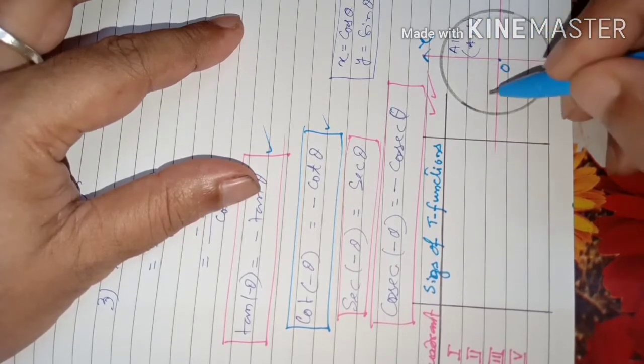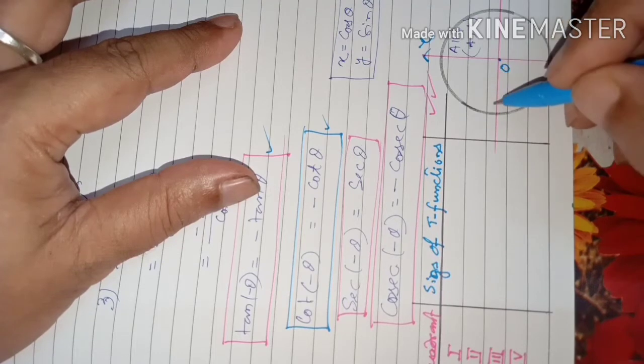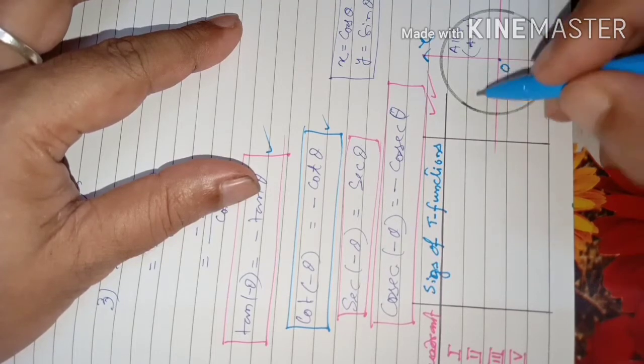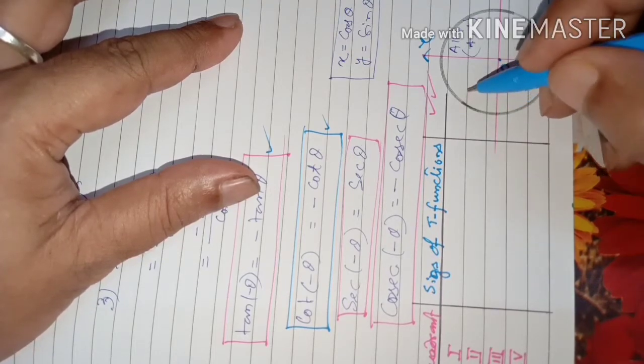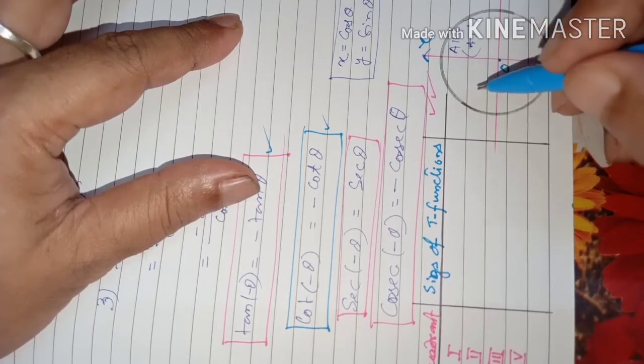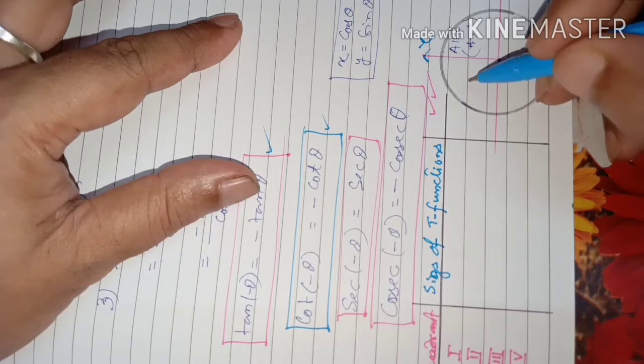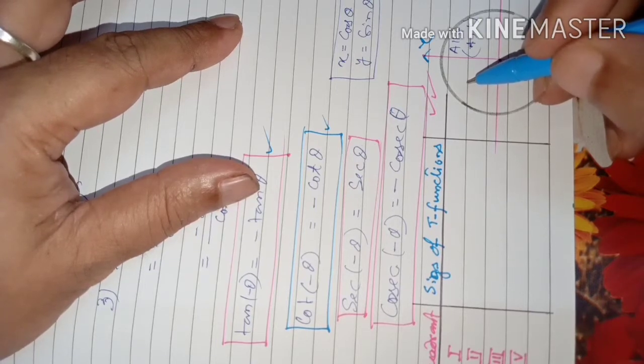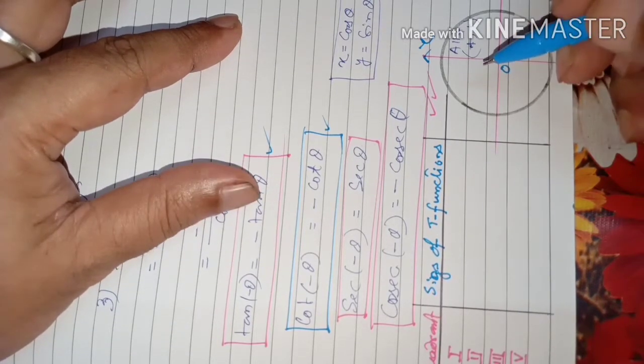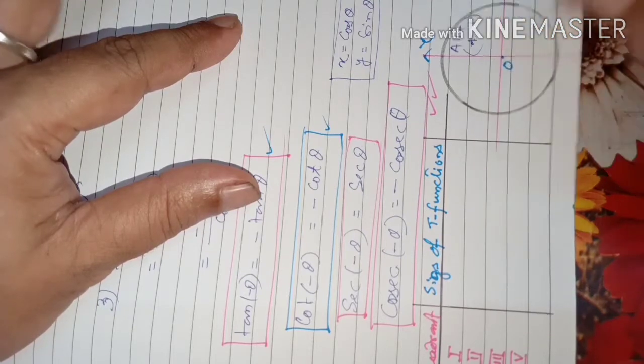And in the second quadrant, you know, the abscissa is negative but the ordinate is positive. So here sine is positive, and cos is negative. Except sine and cosec, all will be negative.